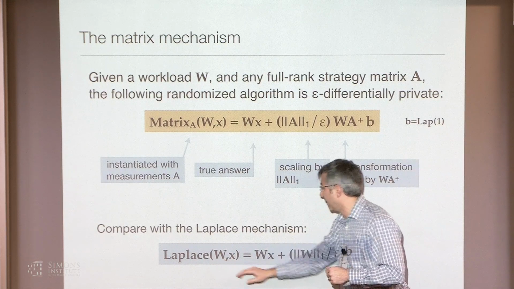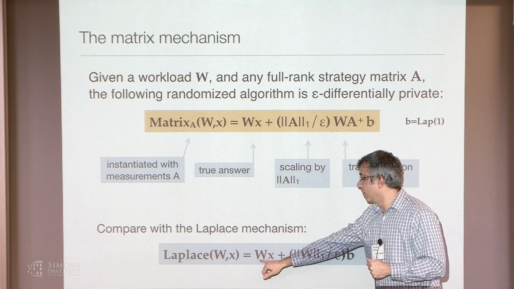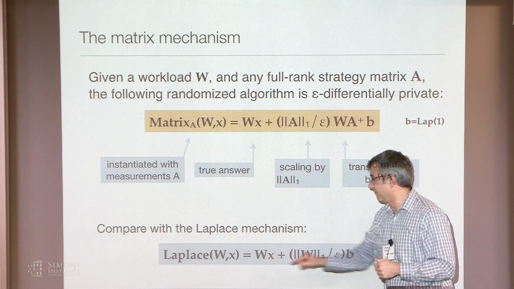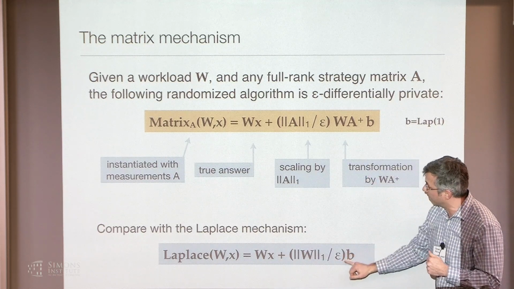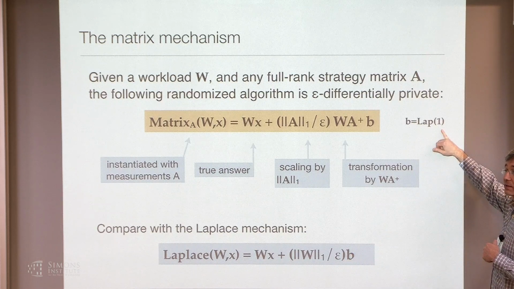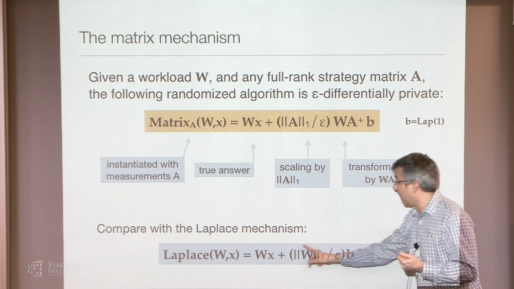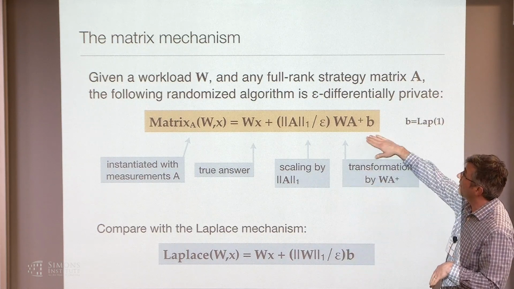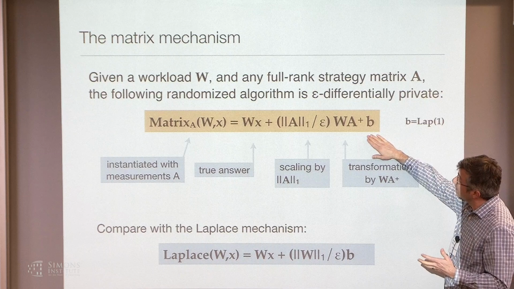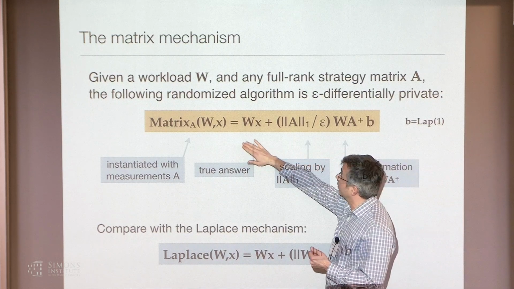So this is the Laplace mechanism applied to the workload. You multiply the workload matrix times the data vector, which is x, not h, remember. And then you take a vector of independent Laplace noise and scale this by the sensitivity and epsilon. So that's the standard Laplace mechanism. This is a little bit different, but not so different if we look at it this way.